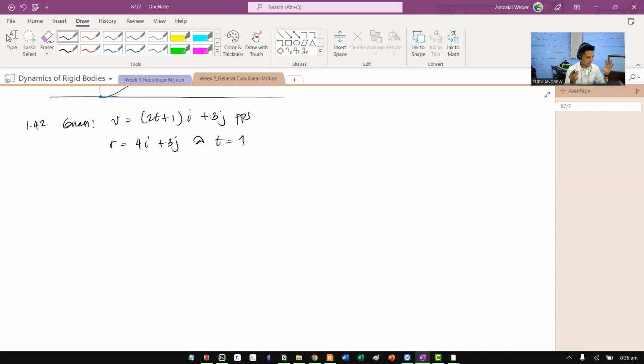We want to know the position at time equals 0. If there is no given about the position or the velocity at time 0, the only assumption that always works, but not all the time, is that the velocity at time equals 0 is 0. Meaning it starts from rest. That is the keyword: it starts from rest.